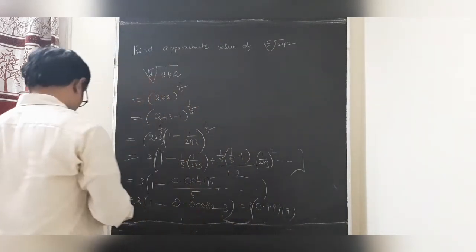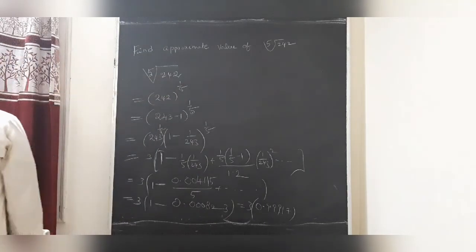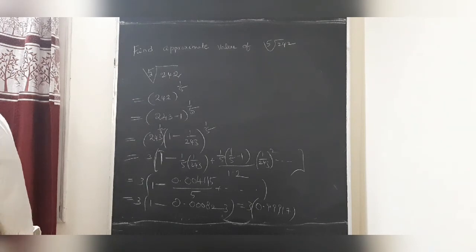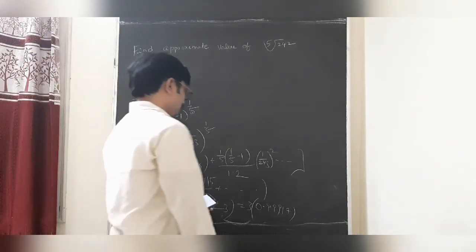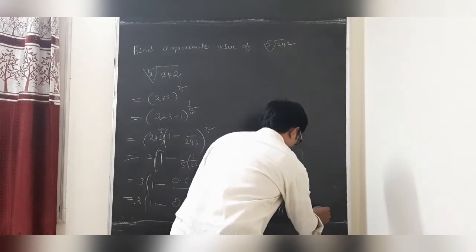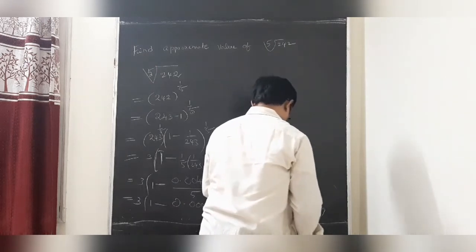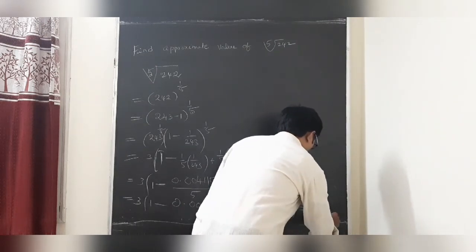Okay students, this is into 3. Undoubtedly, students, 2.9975, approximately equal to 2.9975, 99753.